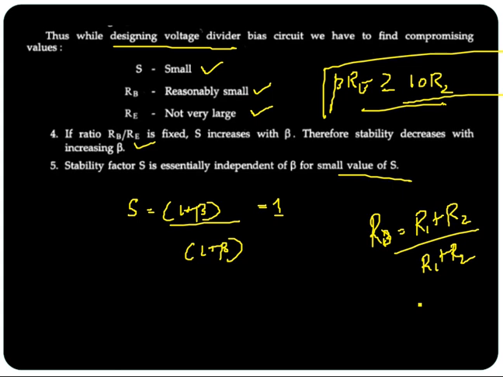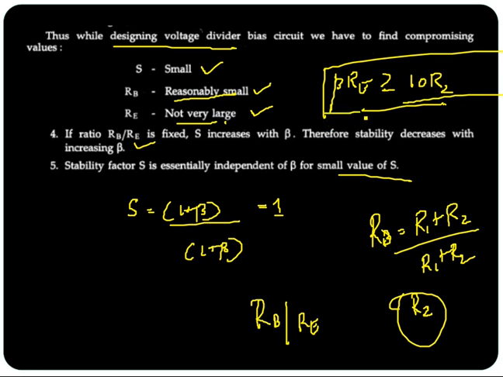So making R2 small can make this RB small, and this RB by RE ratio can be made small like that. But that should be reasonably small only. It cannot be very small because it will affect the input impedance. And RE can be made large but not very large. And this is the condition: beta RE greater than or equal to 10 R2 should be the condition there. Okay.